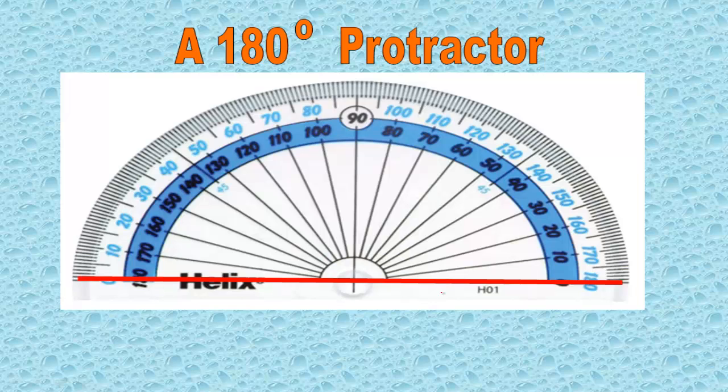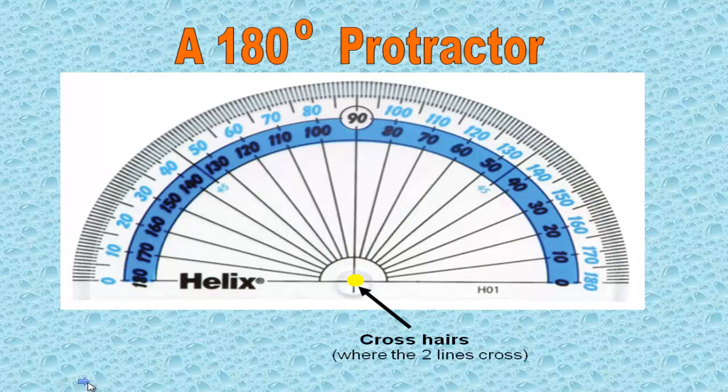This line here is the line I'm always going to align my protractor with. That's the baseline, okay? This dot here, where the crosshairs of your protractor are, is where we're always going to align the vertex.